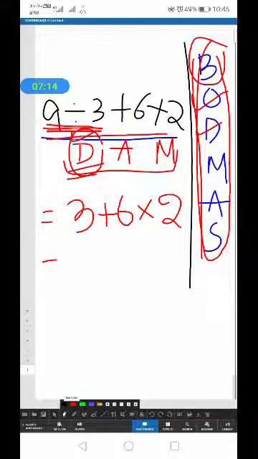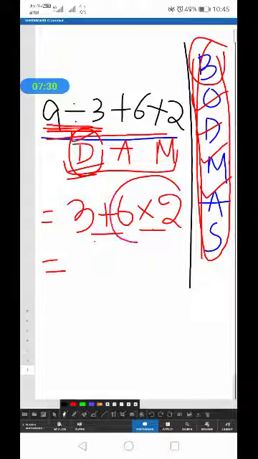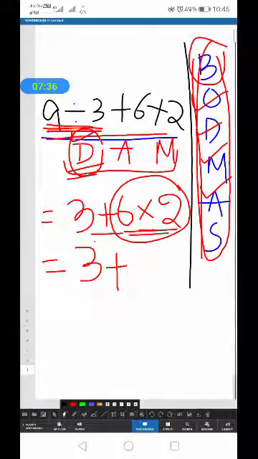In the next step, you can see now only addition and multiplication are there. Among addition and multiplication, which has to be solved first? You see this rule, M comes first, A comes next. So we have to solve this multiplication first. Write down 3 here, 3 plus, now 6 into 2 will give us 12. Okay, so this is done.